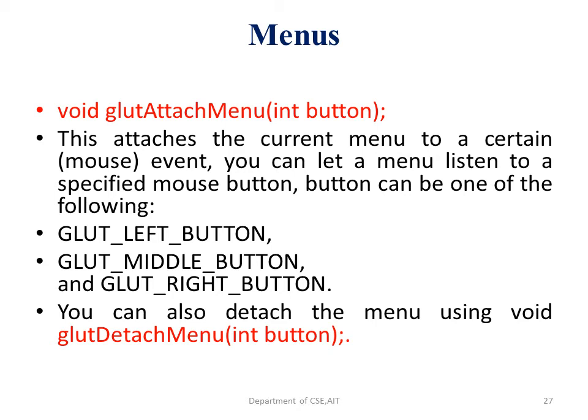Depending upon the buttons on the mouse, you can choose whether you want to perform the action when the left button is pressed, when the middle button is pressed, or when the right button is pressed. Based on that you can attach a mouse button to your menu. So when you press that, some action has to be performed. That can be done by making use of glutAttachMenu.